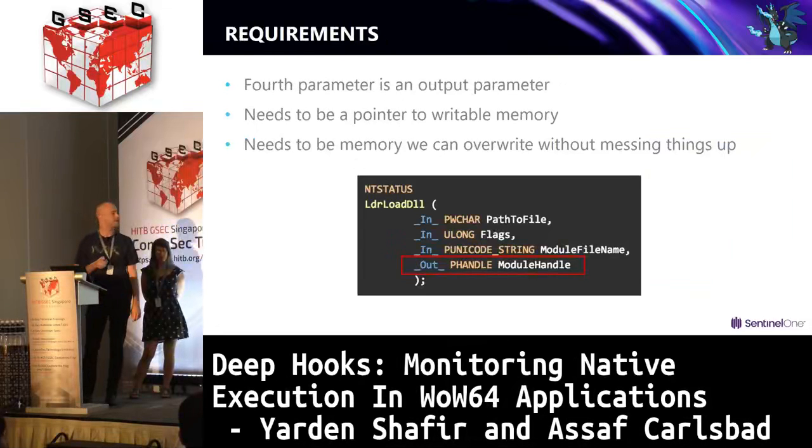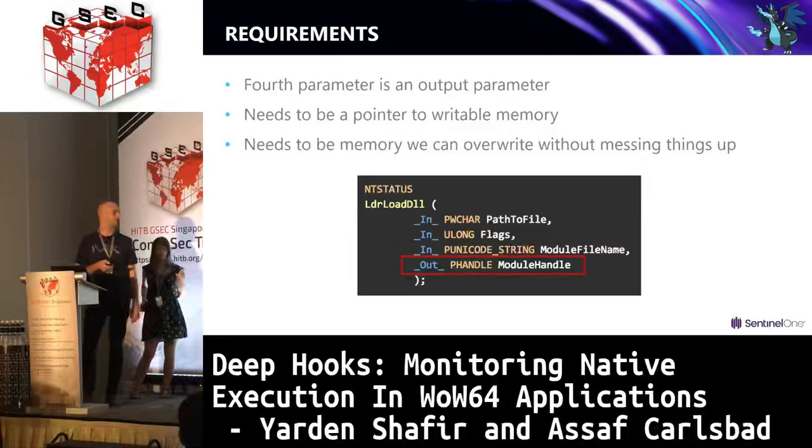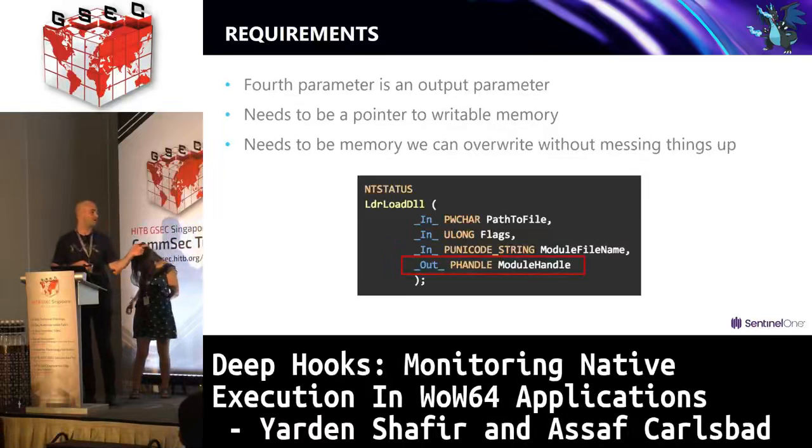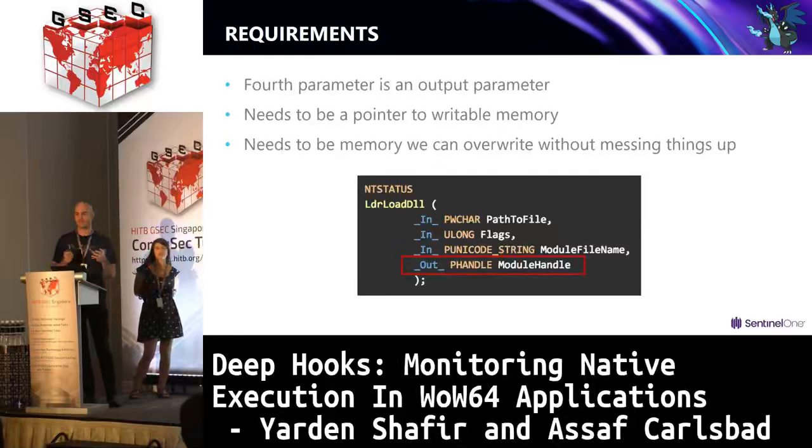Okay, so now let's take a closer look at LdrLoadDll and specifically at its 4th parameter. As you can see here, the 4th parameter is actually annotated as an output parameter. It's basically a pointer to which the function is going to write the base address of the DLL that it has just loaded. So this makes things a little bit more complicated, because it means not any value loaded into R9 will suit our needs.